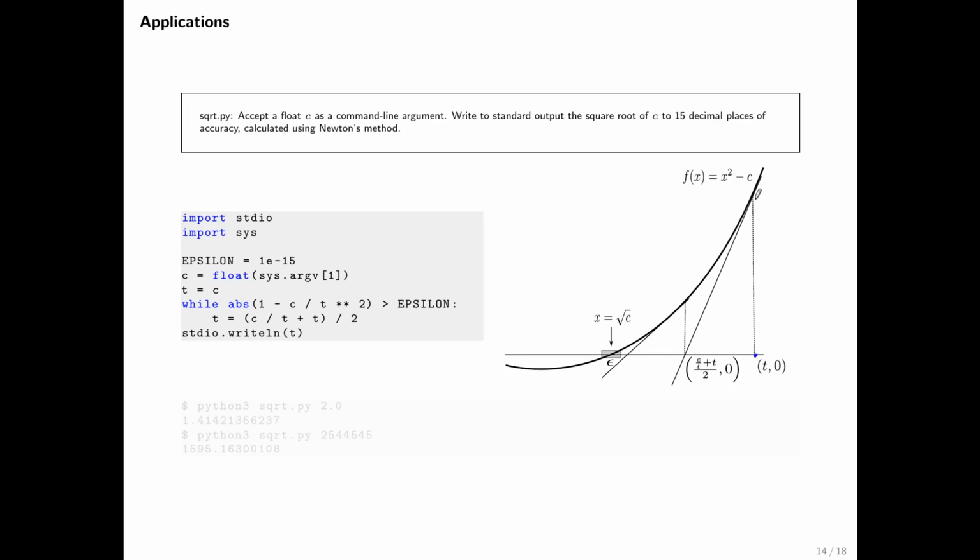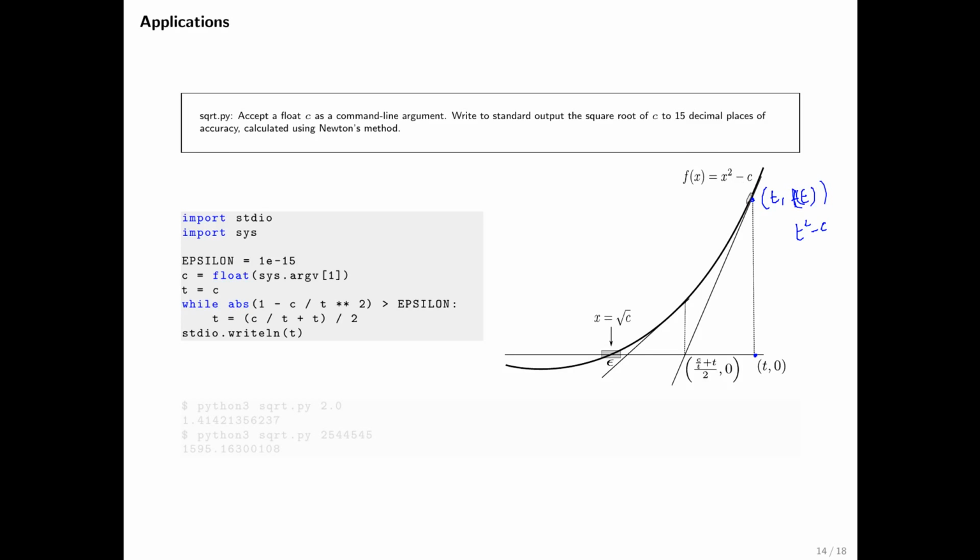So the coordinates of this point, well, the x coordinate is t, and the y coordinate is f of t. But what is f of t? It is t squared minus c. We just plug in x equals t right here. So the coordinates of this point is simply t comma t squared minus c. Its x coordinate is t, the y coordinate is t squared minus c.